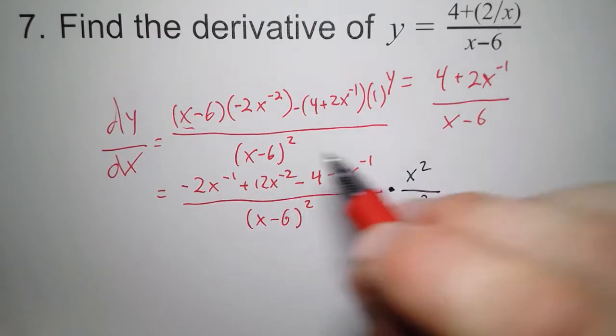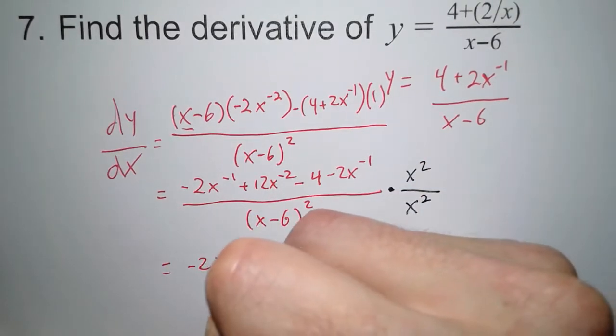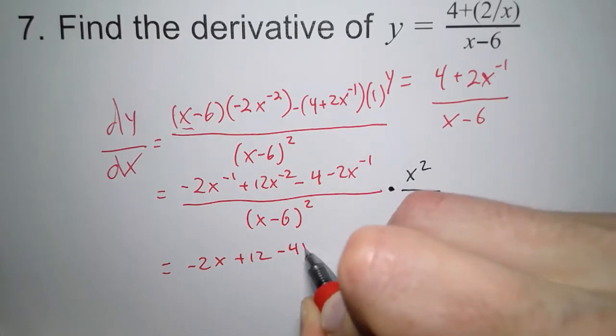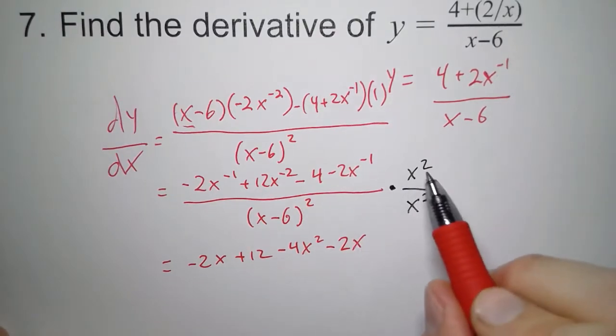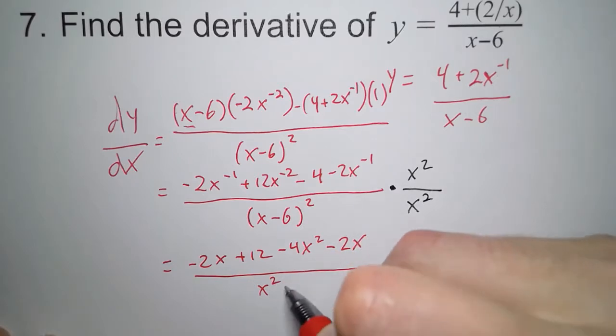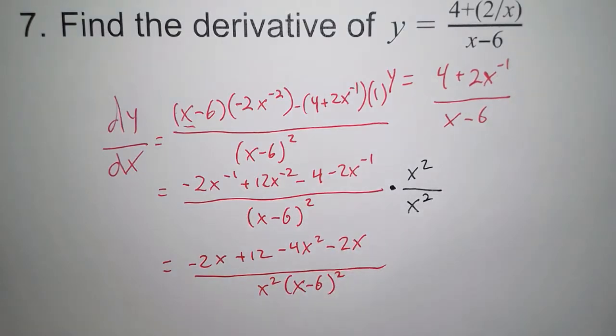So the x squared will distribute onto all of these on top. So this becomes negative 2x plus 12 minus 4x squared minus 2x all over x squared times x minus 6 squared.